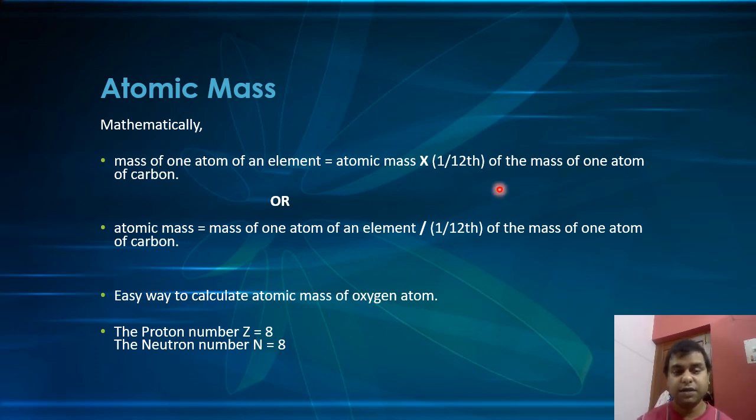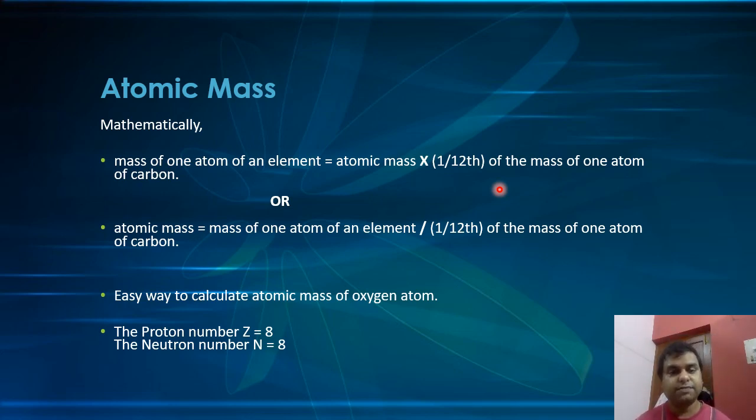For example, the number of protons in an oxygen atom is 8, and the number of neutrons in an oxygen atom is 8. So 8 plus 8 is 16, and hence we get the atomic mass of oxygen as 16.